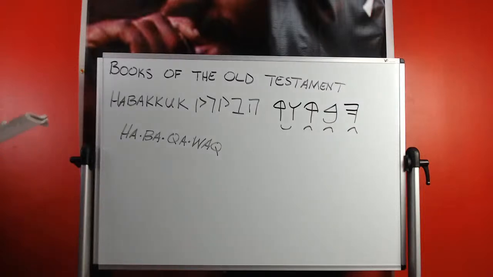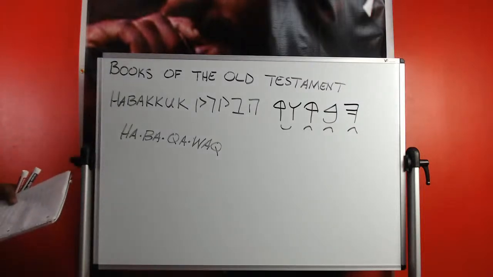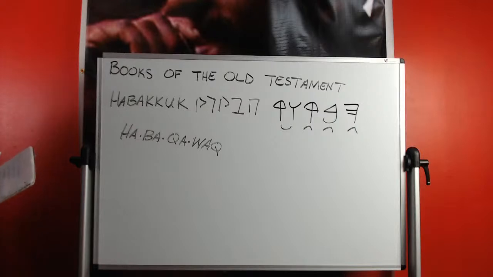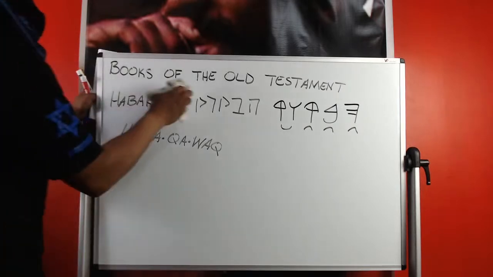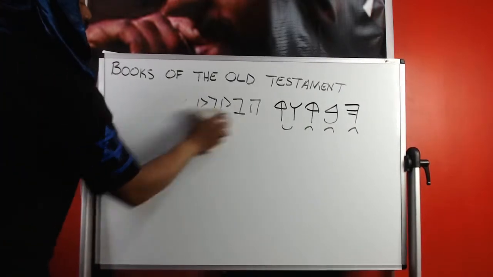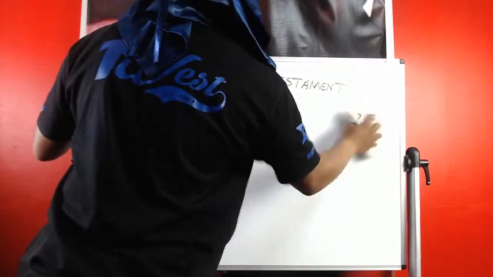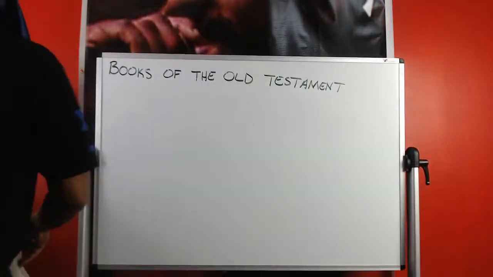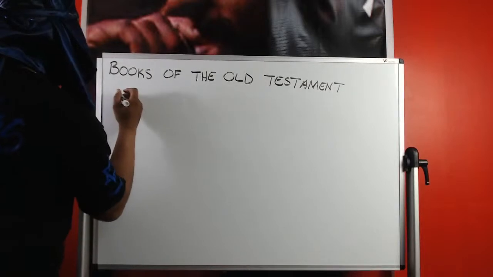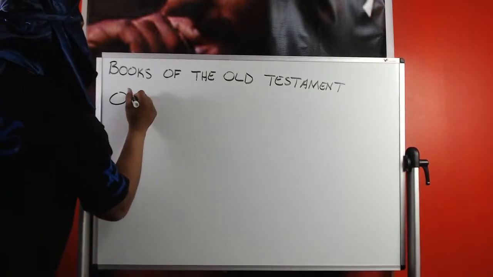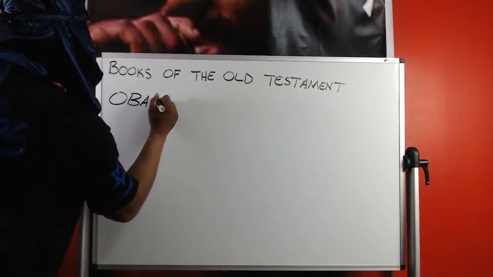I realized I skipped one. All right, everybody had this one, Habakkuk walk. I got so excited I skipped one. Let me go back to that real quick. We missed Obadiah.